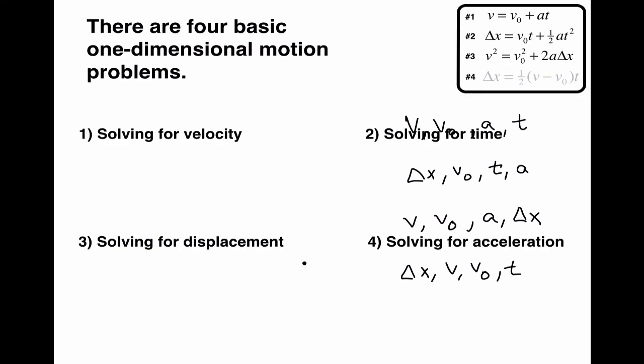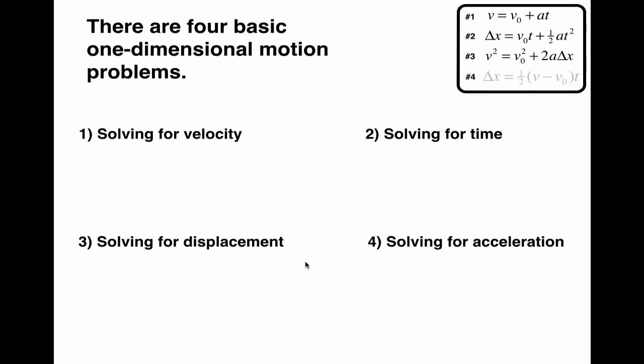So as we look at the problems in one-dimensional motion, there are just 4 basic problems, and each of them is looking at the 4 fundamental variables. So in the next video, part 2, we'll be looking at solving problems for velocity, solving problems for time, we'll be solving for displacement, and solving for acceleration.